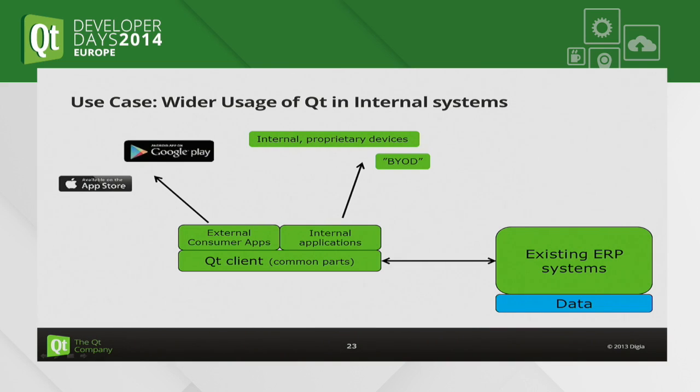Okay, that actually put a bit of limitations on what you can run there, but we could reuse some of the code on the old WinCE devices too. But then the same application, and the common parts of the application, could be used for the bring your own devices as well.